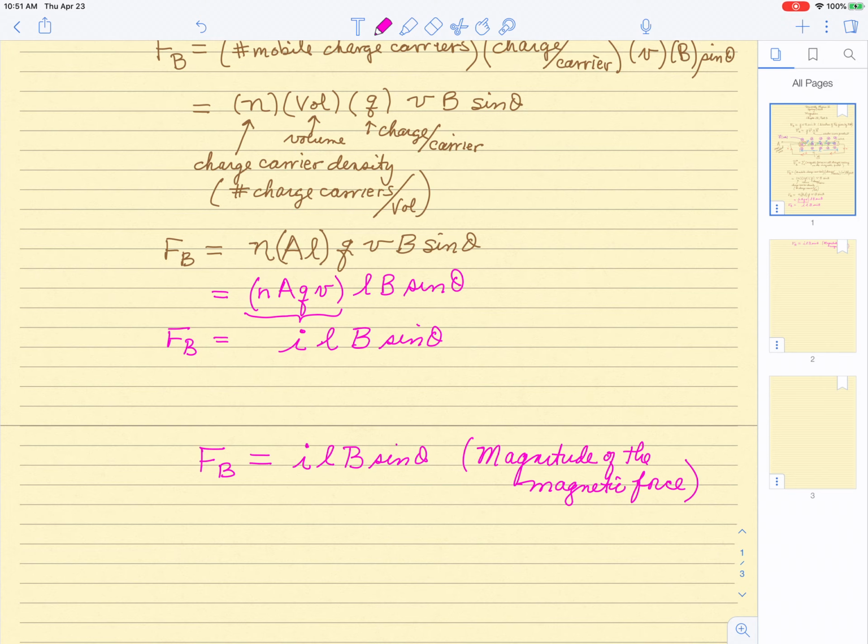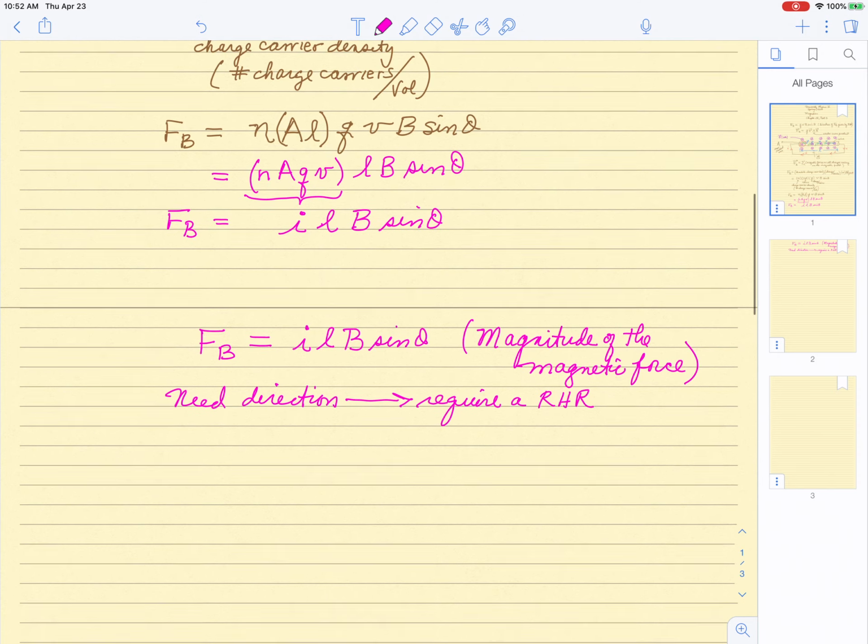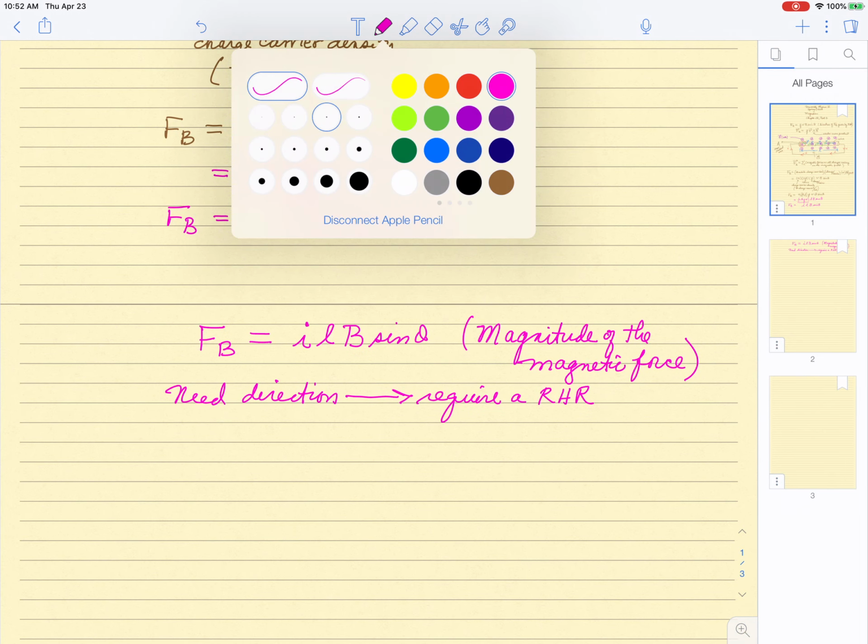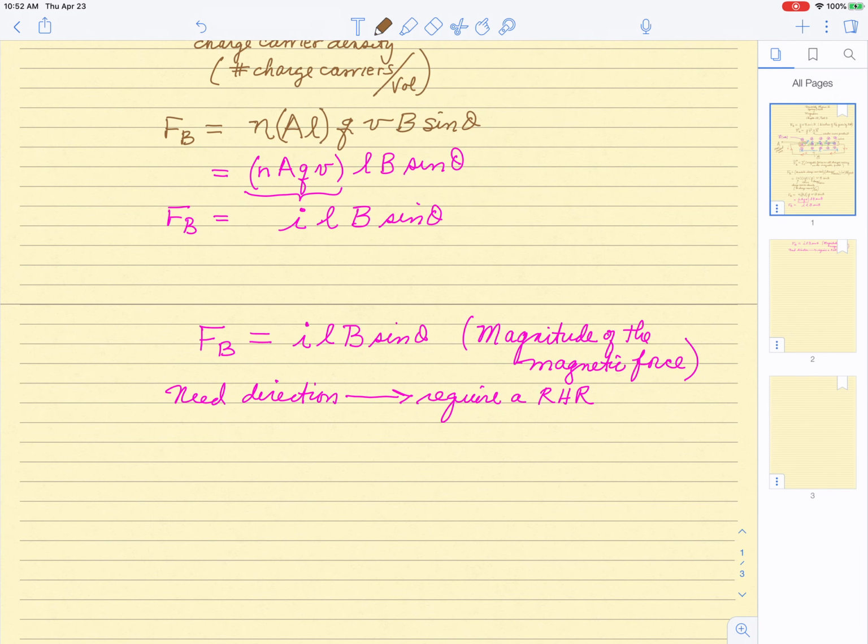Now, we need a direction, and so that's going to require a right-hand rule, and that right-hand rule is going to be very similar to the right-hand rule for a single charge.